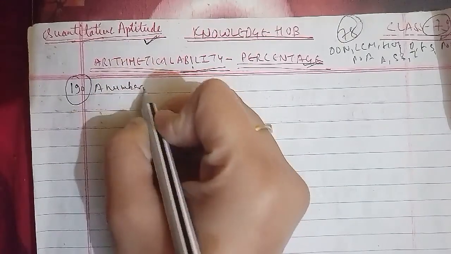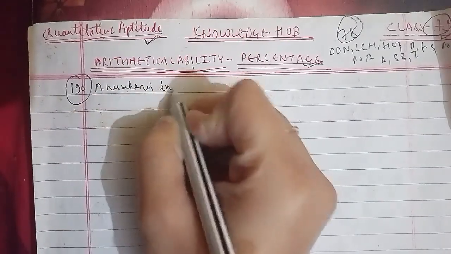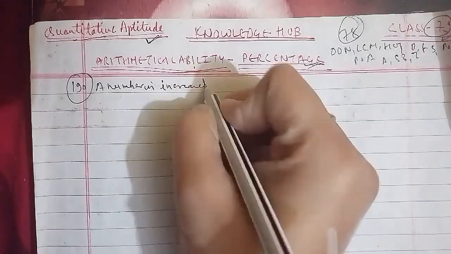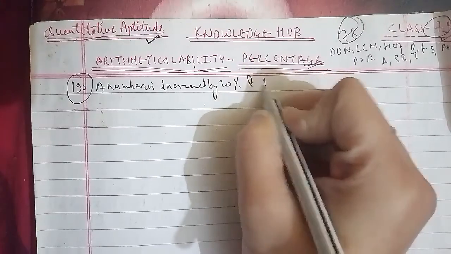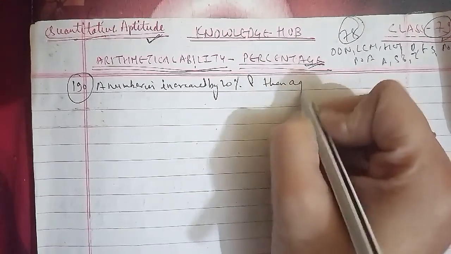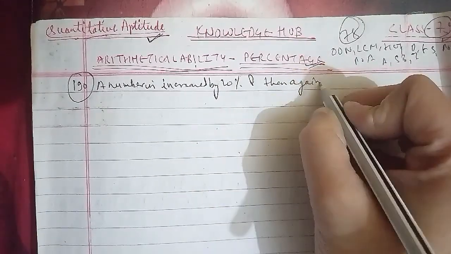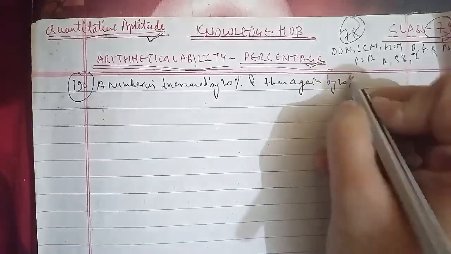A number is increased by 20% and then again by 20%.